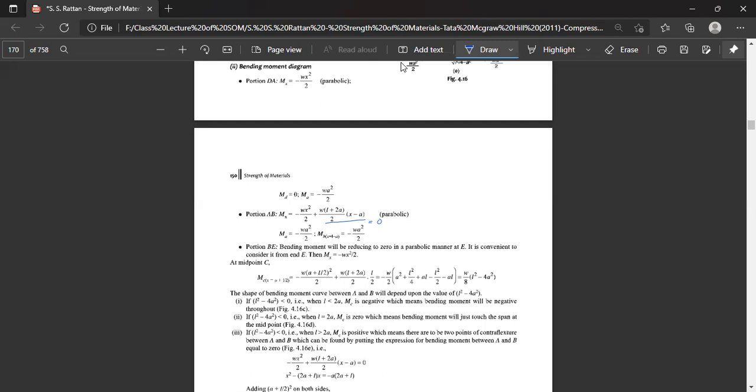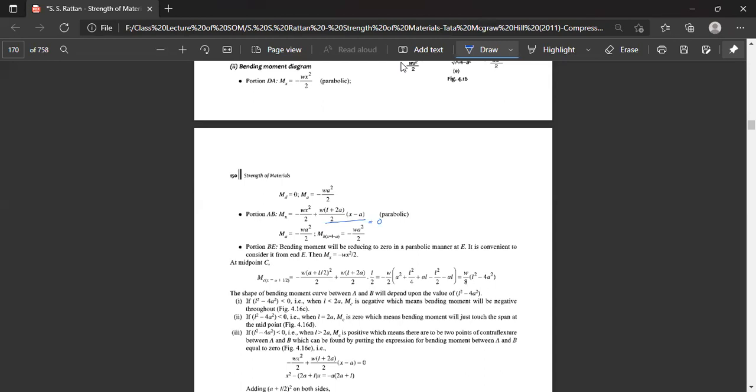So l is less than 2a, where a is the distance from the hanging end to the support. Then if twice of this distance is more than the total length, then Mc, or the bending moment at the center, will be negative as per our equation.